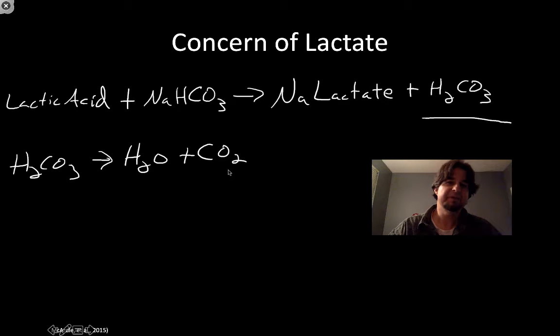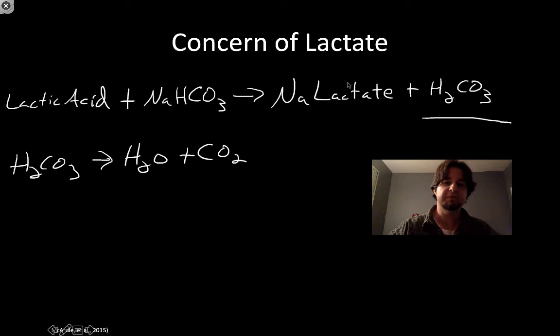Now, carbon dioxide can become toxic if we have too much of it, and most of our systems around our body and our blood, especially around our aorta and around a carotid artery, have special chemoreceptors in there that are going to trigger, hey, we have too much carbon dioxide around here, we need to get rid of it, and so our body is going to pump blood and exhale and breathe at a more proficient rate to get rid of the carbon dioxide and act as a physiological buffer as well.